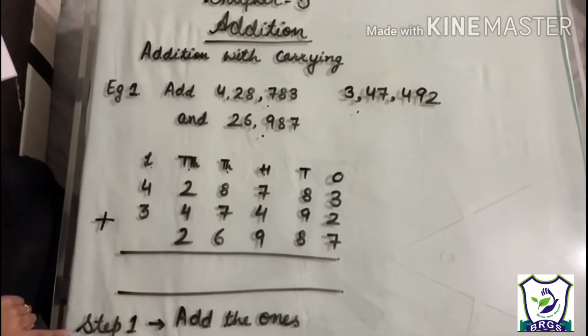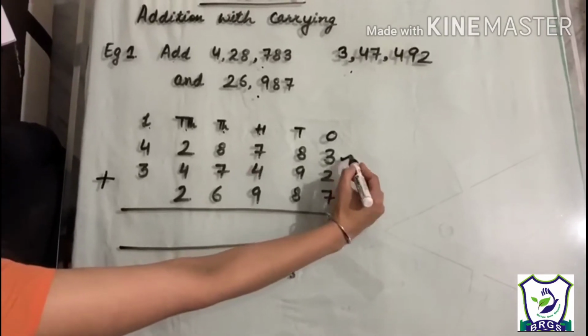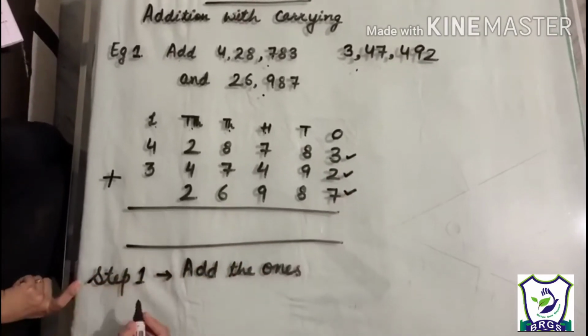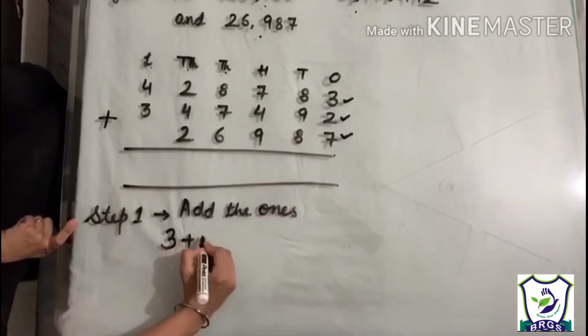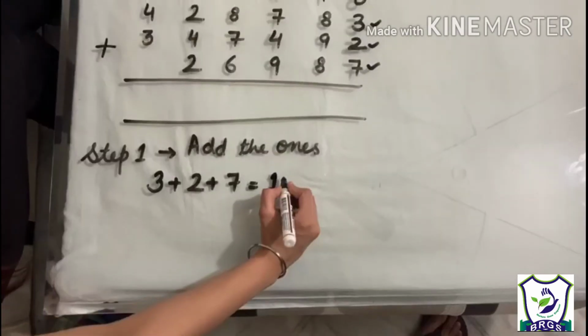So our first step is add the ones. Ones are the 3, 2 and 7. So add these, 3 plus 2 plus 7, that is 12.